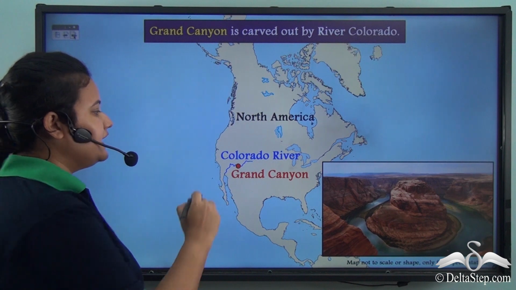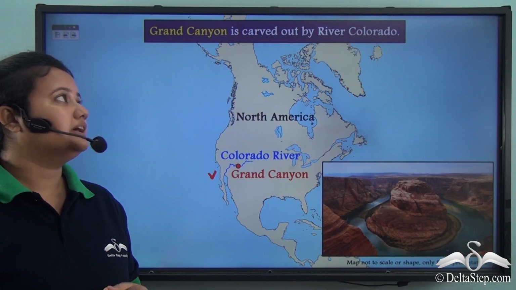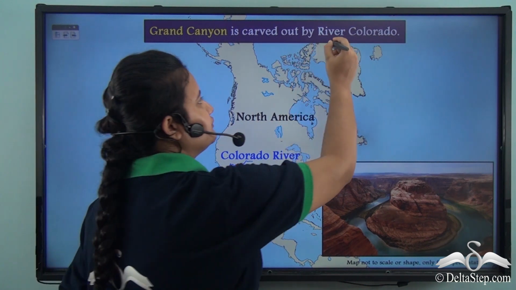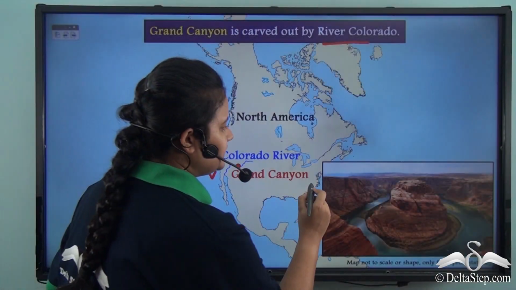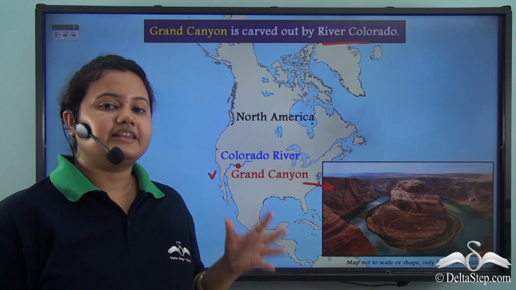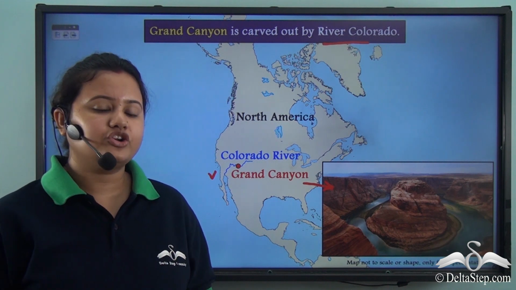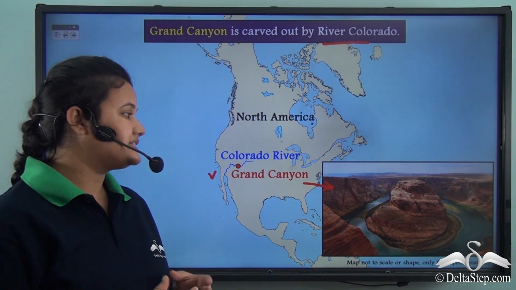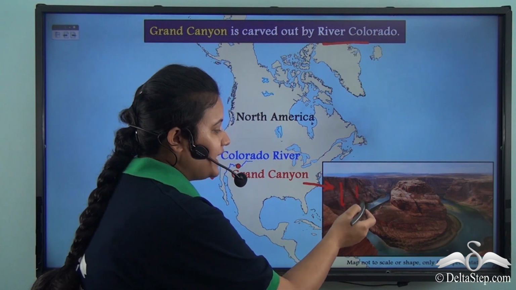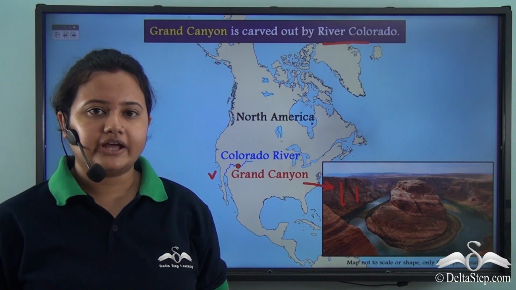Grand Canyon in United States of America is an example of a canyon that is carved out by River Colorado. See, here we have the picture of Grand Canyon. See, in this picture, we can see that just as a gorge, a canyon also has steep walls. And this feature has been formed by River Colorado.